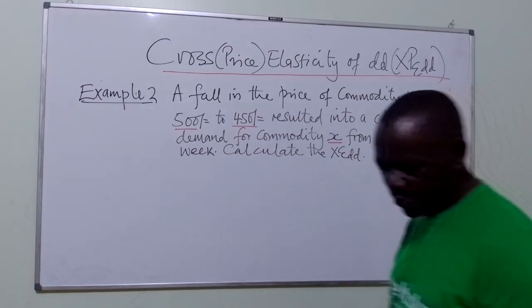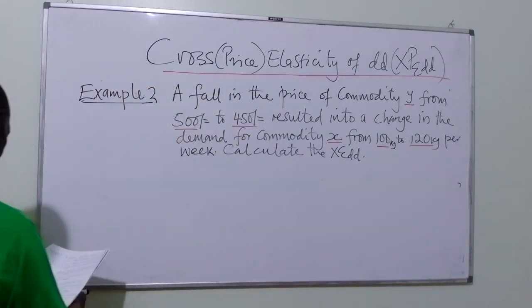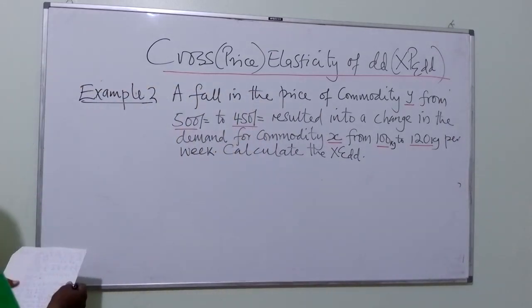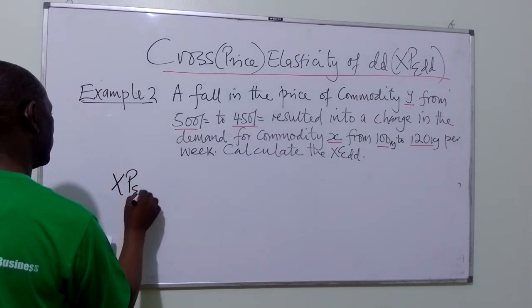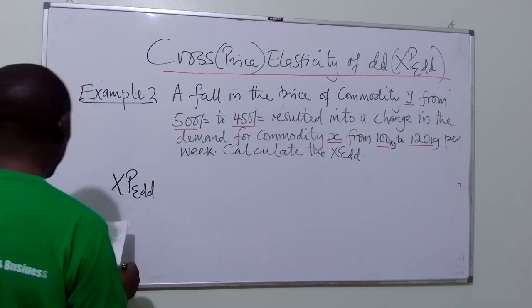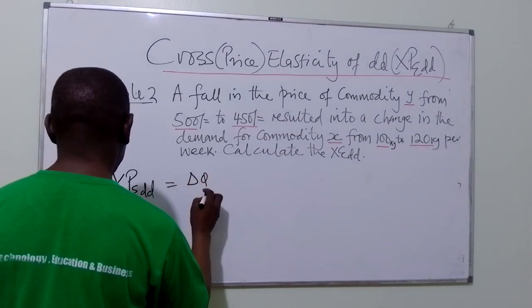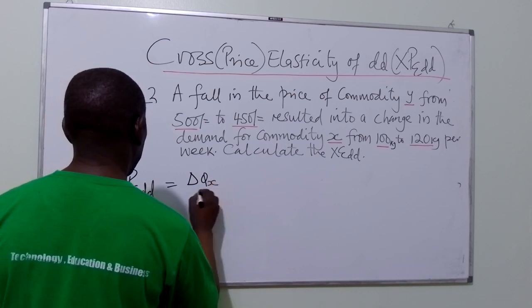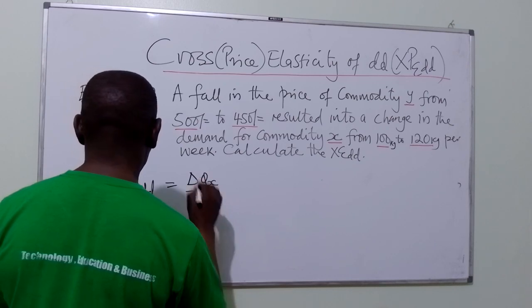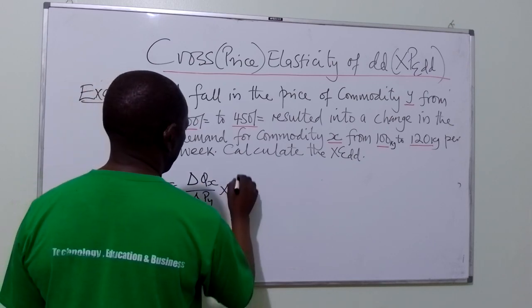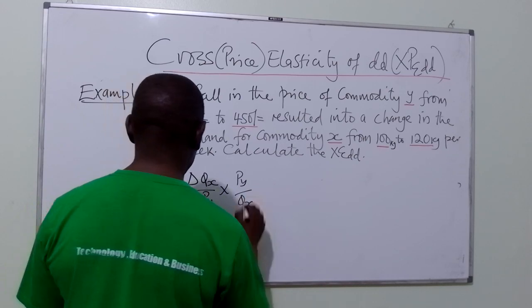So we go into our calculation, and as usual, we begin with our formula. Cross price elasticity of demand is equal to change in quantity of X over change in price of Y, times PY over QX.